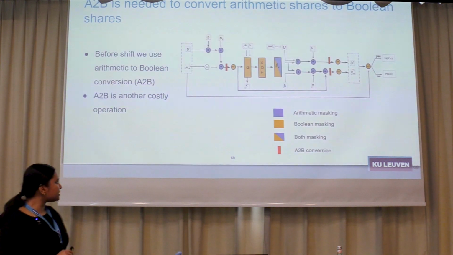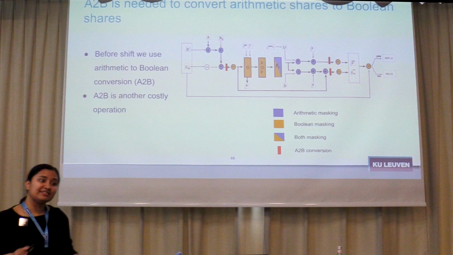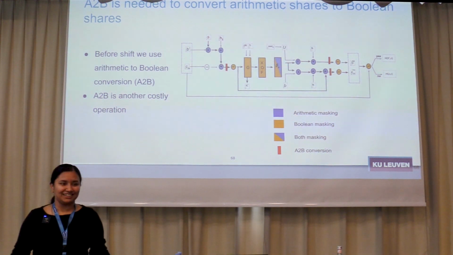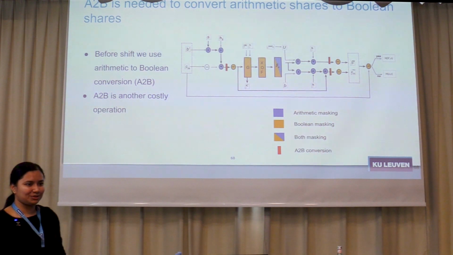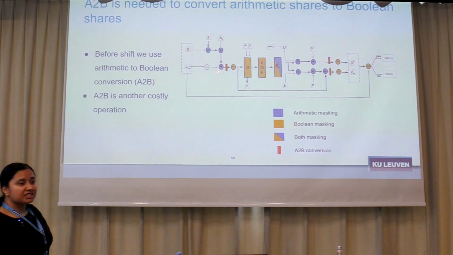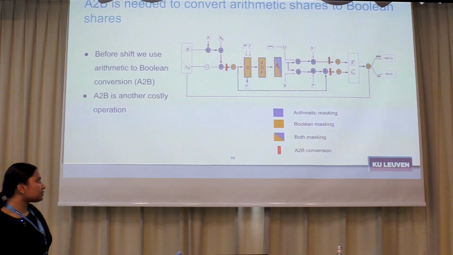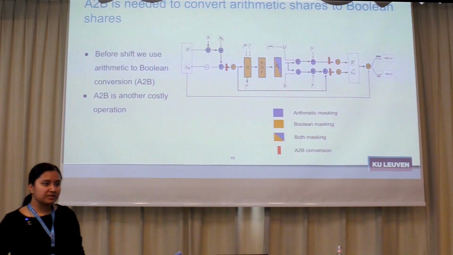The next expensive component is this arithmetic to Boolean conversion. We do need that one too. Sadly, it would have been better if we needed only one. But here we have arithmetic shares, and here we need Boolean shares. How can we get that? We have to do an arithmetic to Boolean conversion here, and this is another very expensive operation.